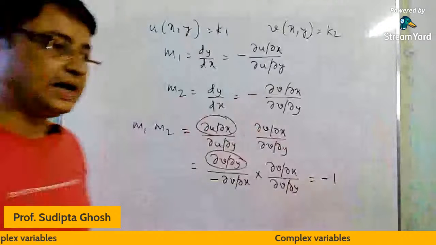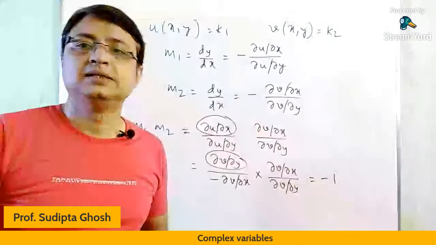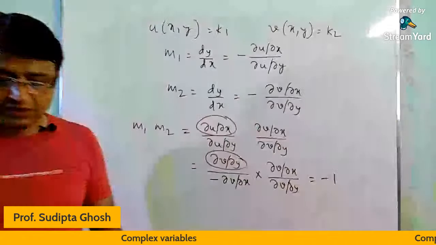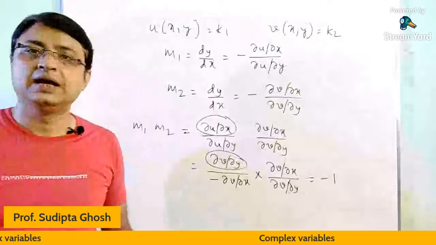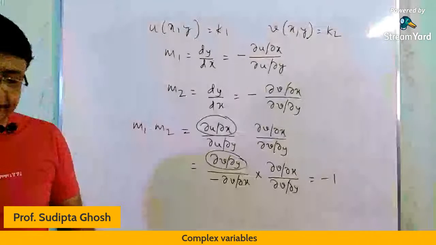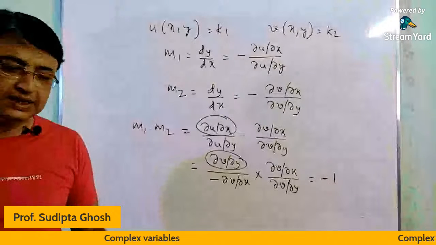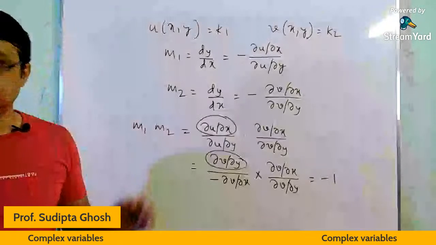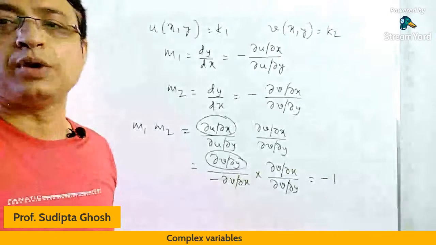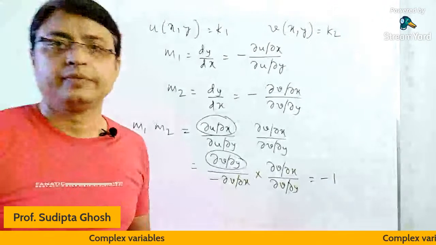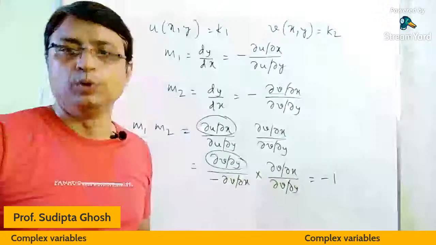So the family of curves given by u(x,y) equals k1 and v(x,y) equals k2 are orthogonal to each other, thus proving the statement. Okay, so the third property is also proved.